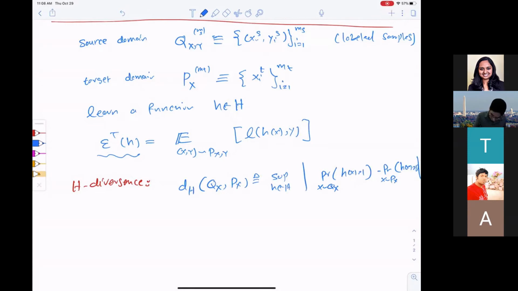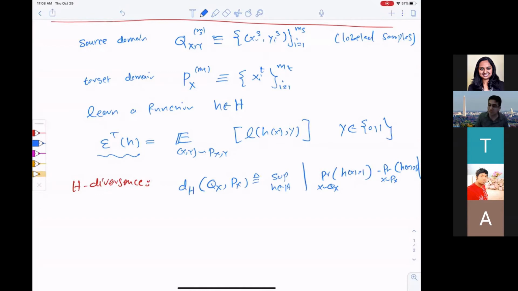And again, we are considering binary classification in all of these examples. And we looked into many examples to build intuition about this H divergence measure, which is really intuitive.